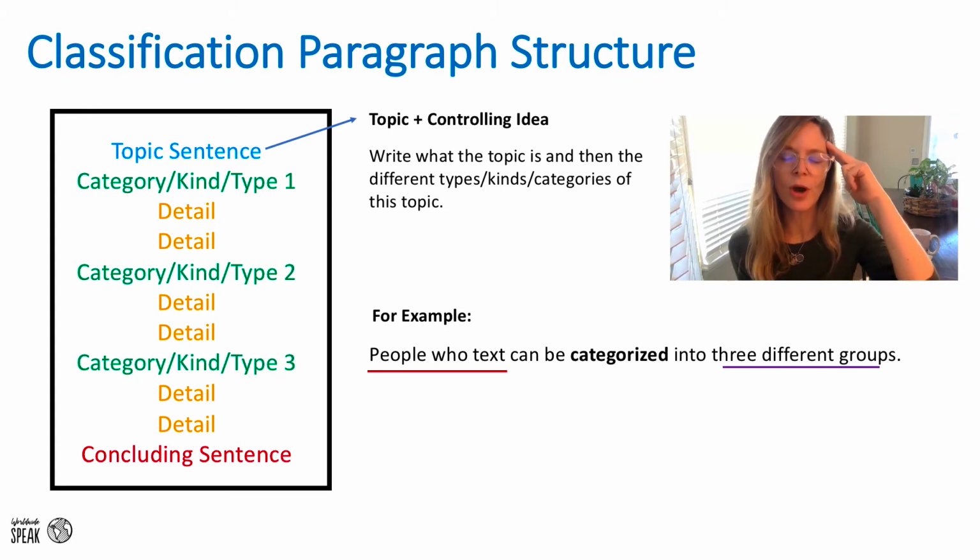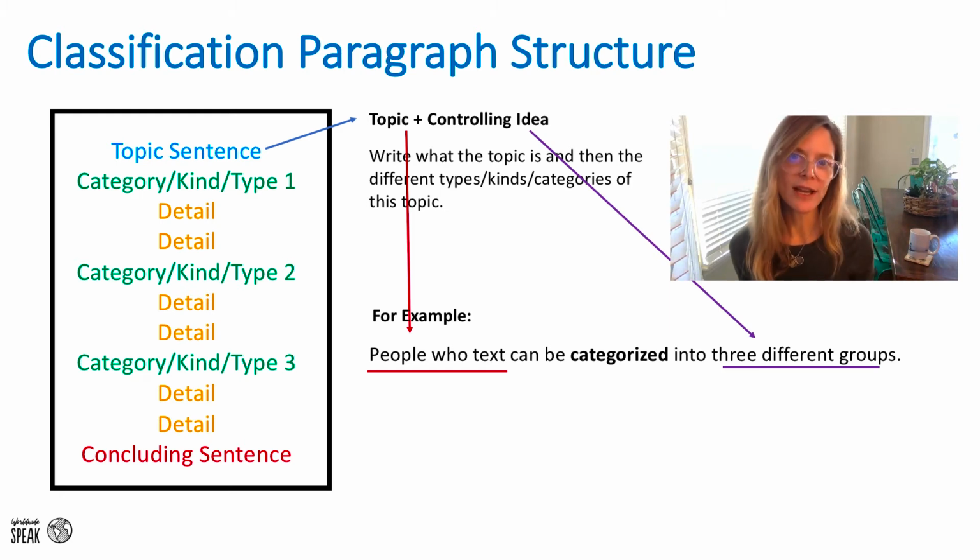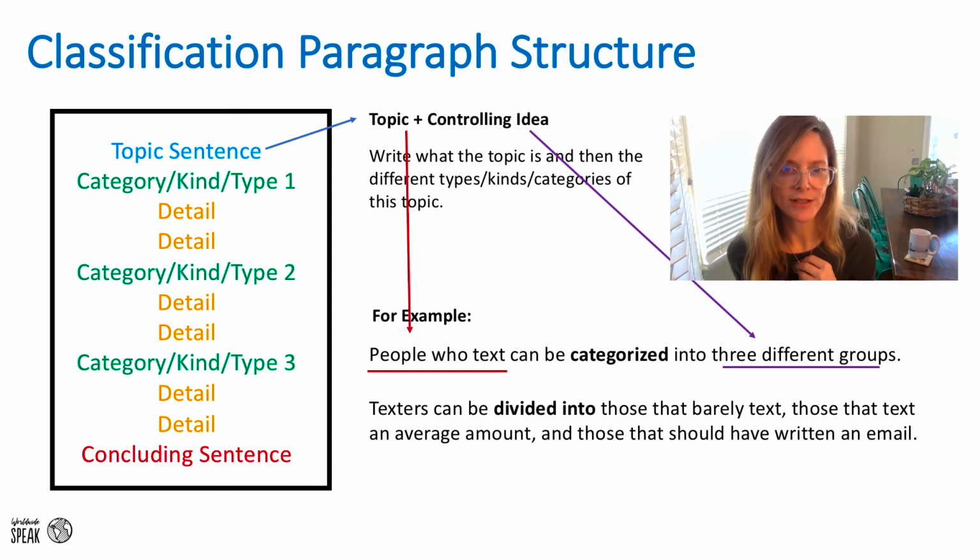So the reader knows, oh, this writer is going to show me three different kinds of texters or people who text, right? The people who text is our topic, and the controlling idea is that there are three different groups.